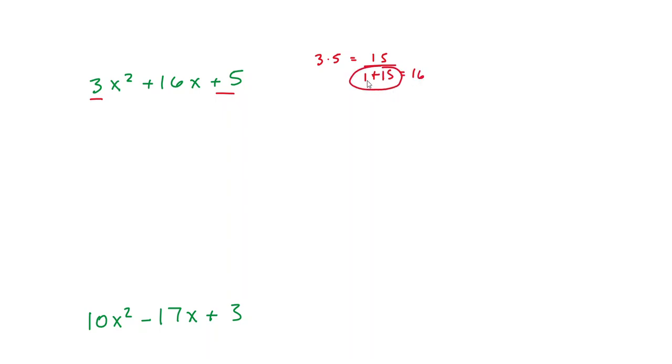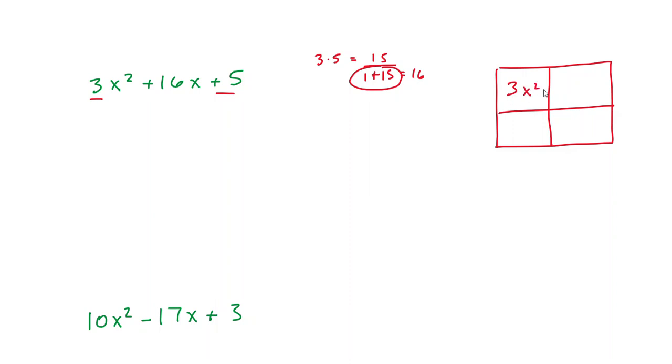We didn't have to do any further work here. We'll draw our 4 squares. 3x squared, 5. Then we'll break that middle term 16x into 1x and 15x. 15x plus 1x is 16x. There's our 1 and 15.